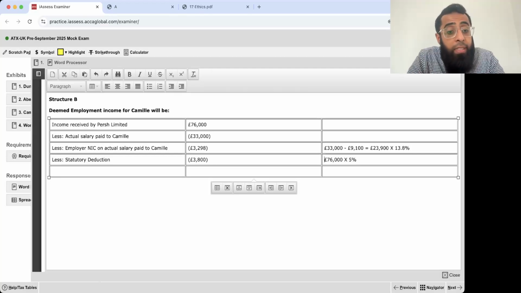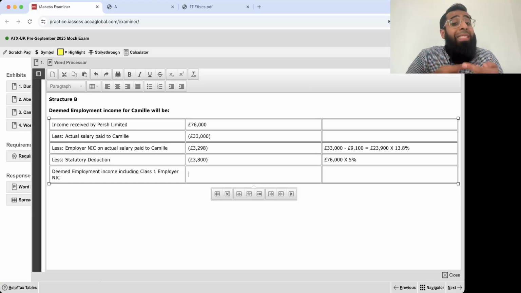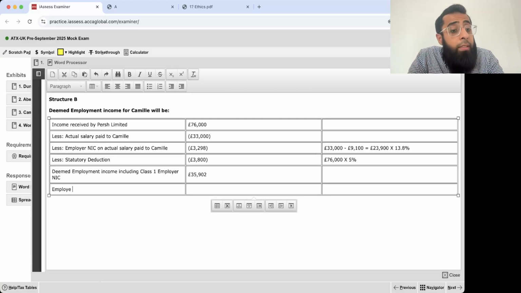So 3,800. So that gives us deemed employment income, including class 1 employer NIC. Okay, because the deemed salary which we are calculating, we need to calculate NIC on it also. So 76,000 minus 33,000 minus 3298 minus 3,800. So that is 35,902.